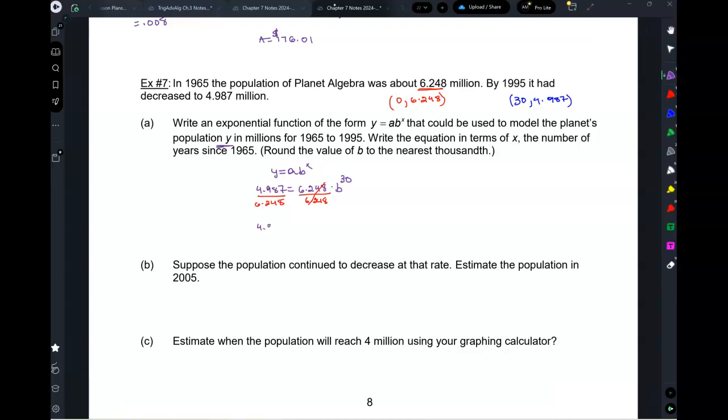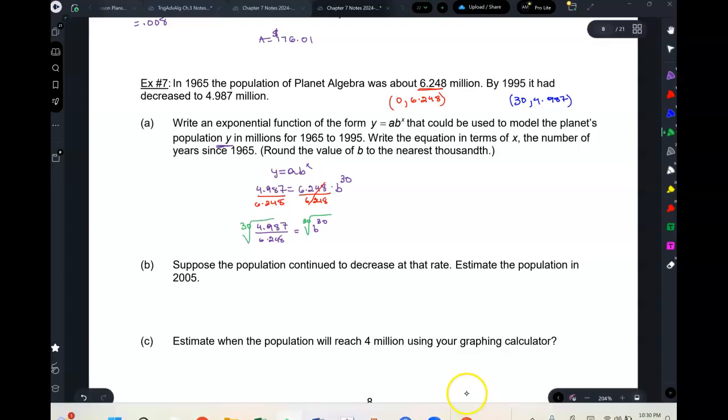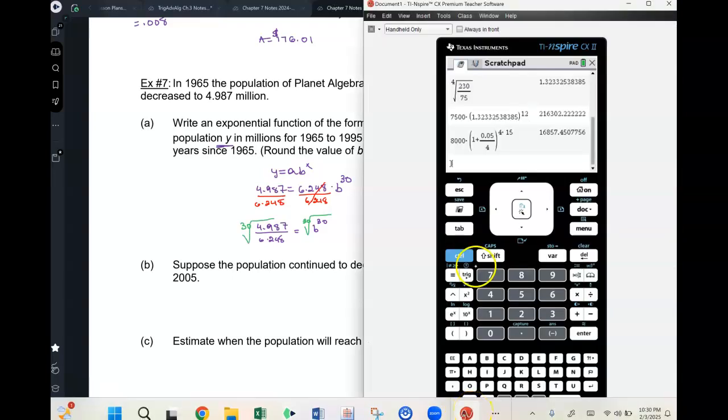So 4.987 over 6.248 is equal to b to the 30th. Well, that's fine. Now I just do the 30th root on both sides. And when you go into your calculator, you're going to do just that. The 30th root of this crazy number. Whew. All right. So 0.9925.